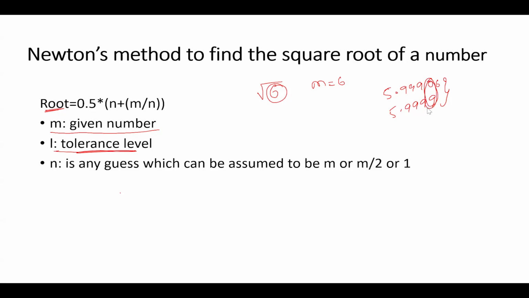How much closer you want your value to be is nothing but the tolerance level. And what is N? N is any guess. We did the guess, it could be 2, it could be 3, it could be 2.4, 2.45, and so on. All these guesses, whatever we are doing, we will be applying over here at N. Okay, so this is how the formula works.